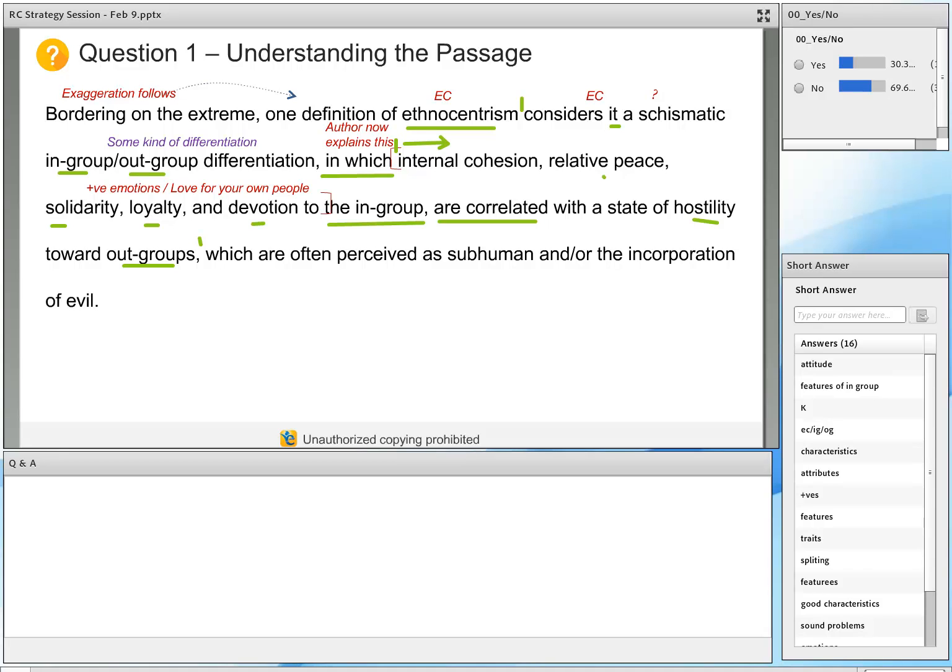I was going through certain notes that you had put in, and I saw that some of you had done this thing, IC, RP, S, L, and D. When you shorten these terms as IC, RP, S, L, and D, that doesn't help you understand them. But if you summarize these terms as love for your own people, that's when you get to understand what these terms actually signify. Okay, is this point clear? So again, it's very important to know when to apply what strategy, and on what aspects of the passage you apply the specific strategy. Okay, all right.